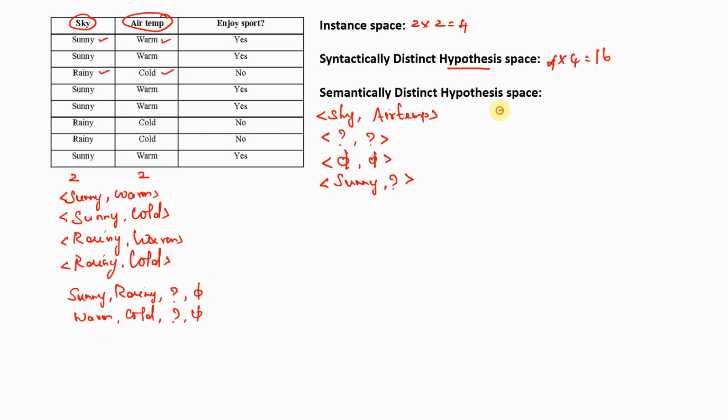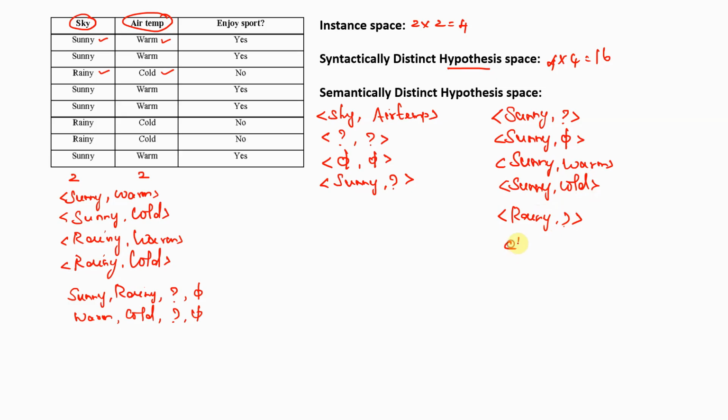So how do we form this? The same combinations: sunny with question mark, then sunny with the specific symbol, then sunny warm, followed by sunny cold. And we repeat the same for rainy: rainy question mark, rainy specific, then rainy warm, and rainy cold.